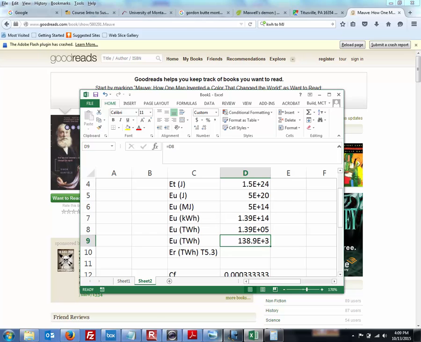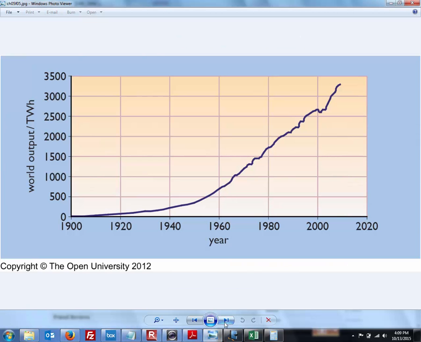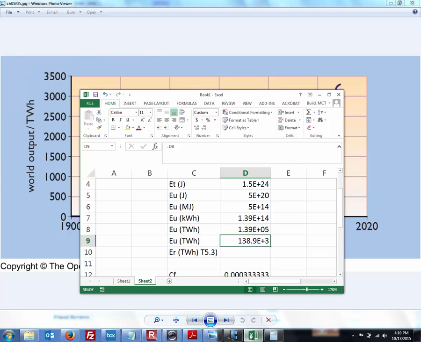Okay. Now, if we look at the next little figure, we can see how the world output, and so now we're looking at terawatt hours per year. So 3,000 terawatt hours per year. How does that compare to what we were seeing previously?